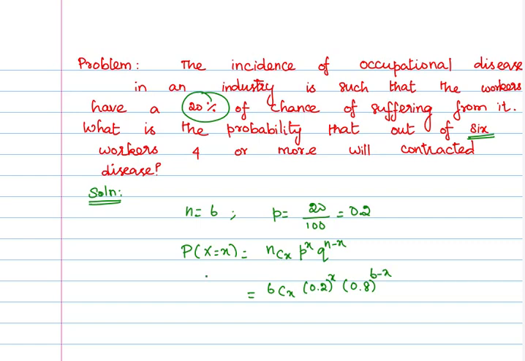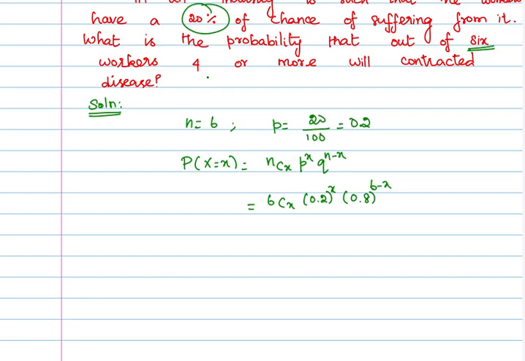What they ask is the probability that 4 or more out of 6 workers contract the disease. We want to find P(X equal to 4) plus P(X equal to 5) plus P(X equal to 6), that is P(X greater than or equal to 4).